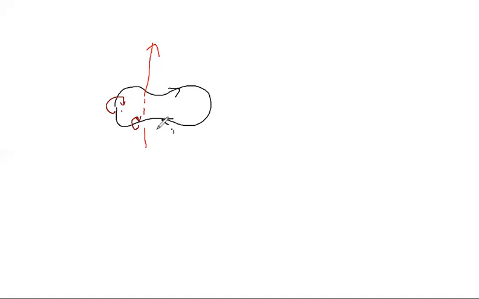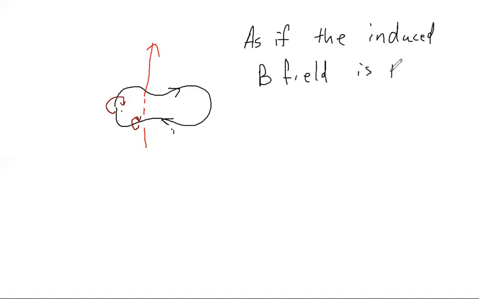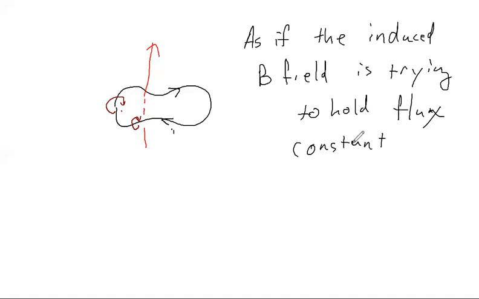So the induced current will cause an induced magnetic field, and the way that induced magnetic field line is oriented is as if it's trying to keep the total flux constant. So it opposes the change.